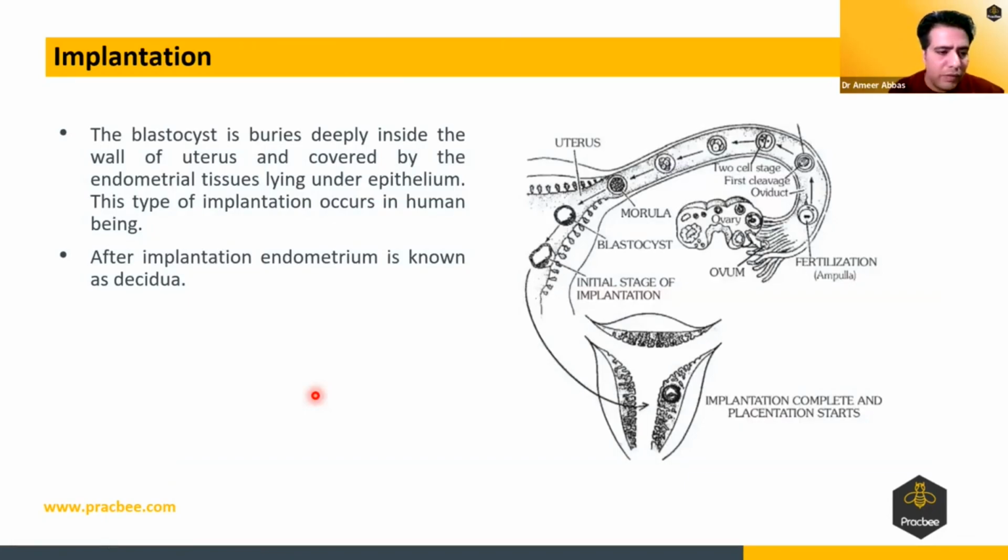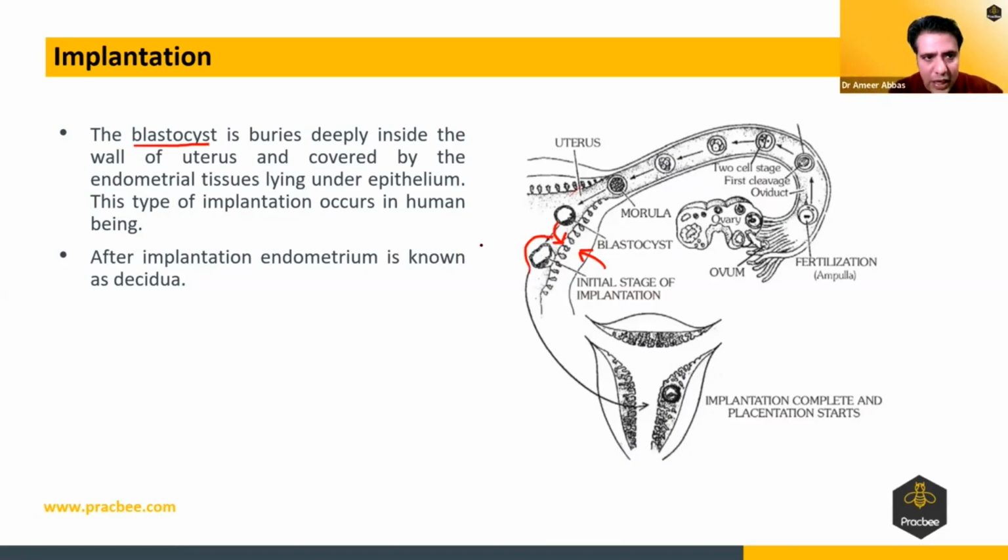Now we have a structure known as blastocyst. The blastocyst gets buried inside the endometrium, and the endometrium covers up the blastocyst completely like this, right? Covers up.